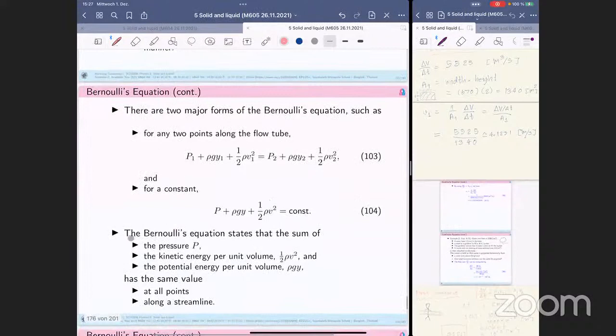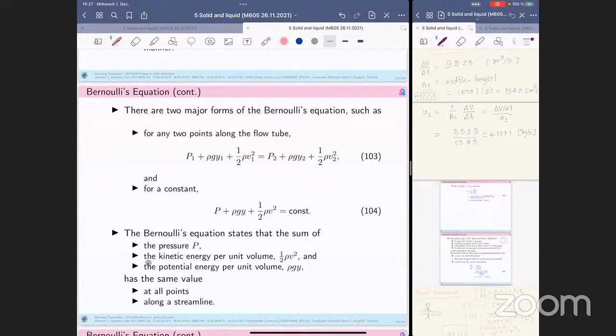And now let's get into the detail of Bernoulli's equation. What is the meaning of Bernoulli's equation if you don't go into the detail of this expression? Bernoulli's equation states that it is the summation of all three terms. The first term is the actual pressure.